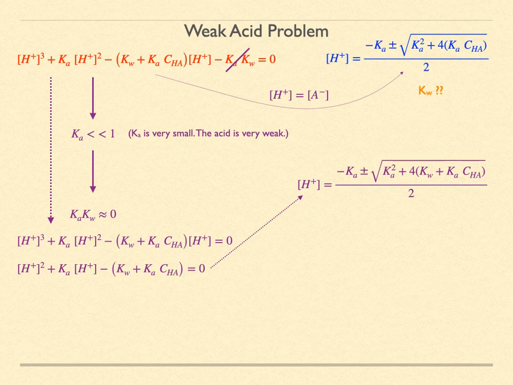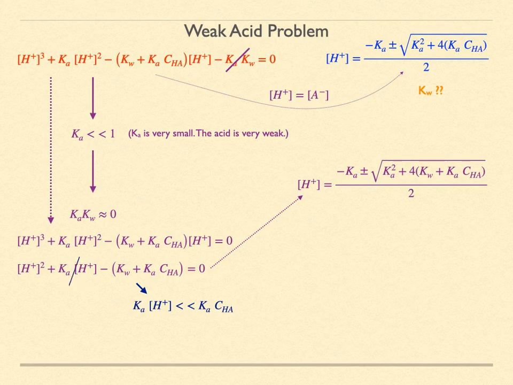If Ka is very small, that means the acid is very weak, so the H plus concentration will be small too. Compare the formal acid concentration, CHA, to the H plus concentration. Under these conditions of a very weak acid, we can anticipate that Ka H plus is much smaller than Ka CHA, and we will assume that the Ka H plus term is small enough to ignore.